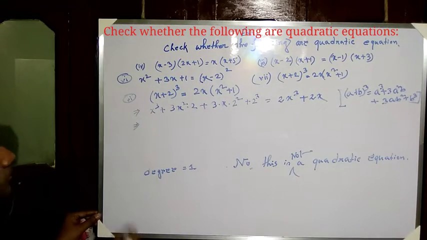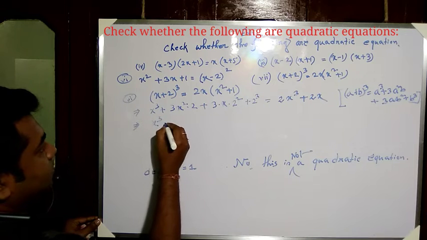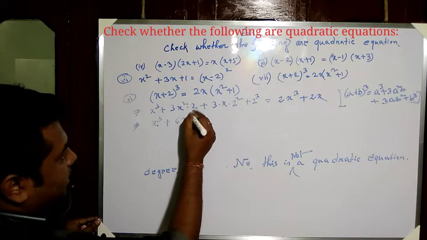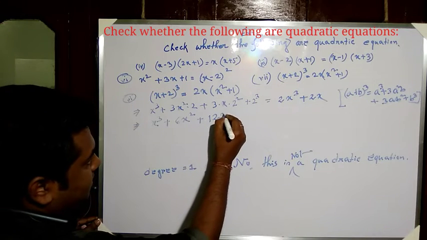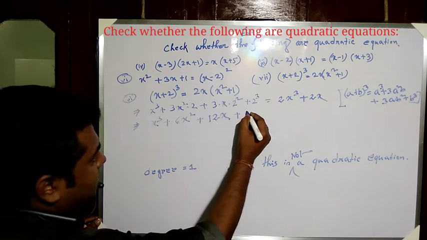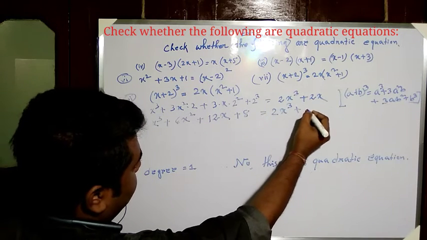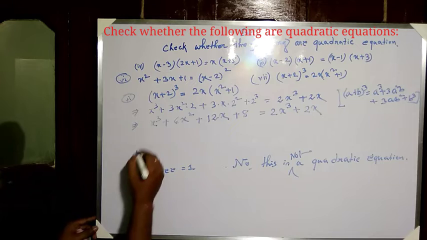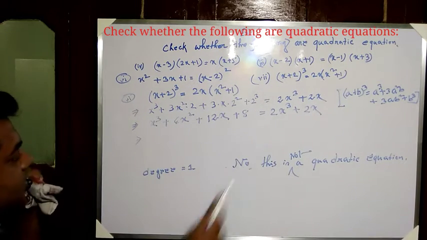It means x cube plus 6x square plus 12x plus 8 equals to 2x cube plus 2x. So what is the answer? See, x cube and 2x cube.